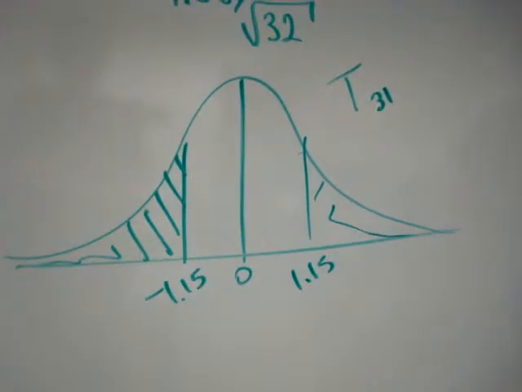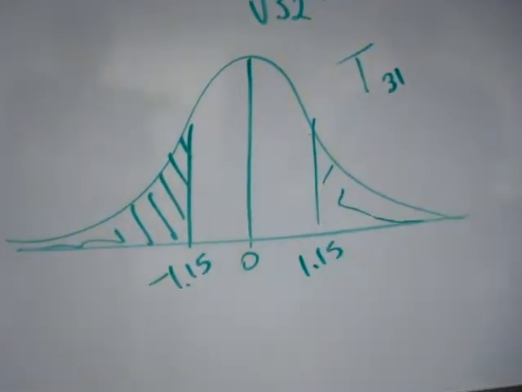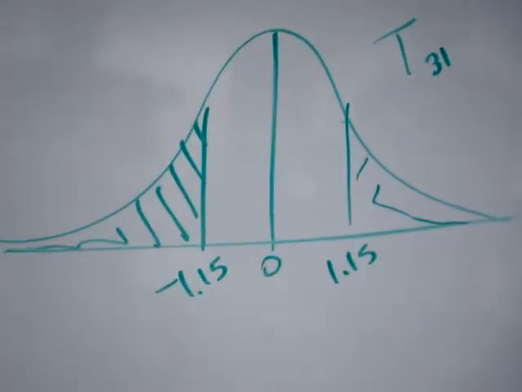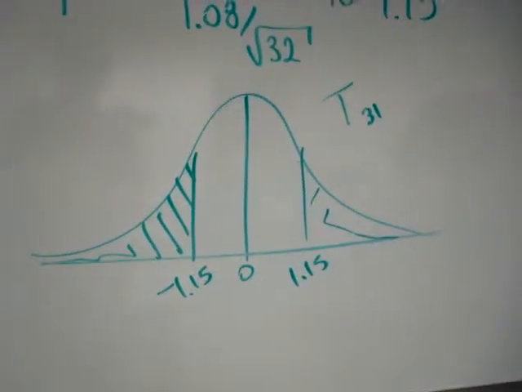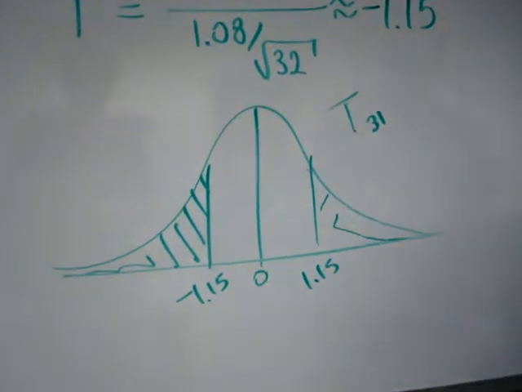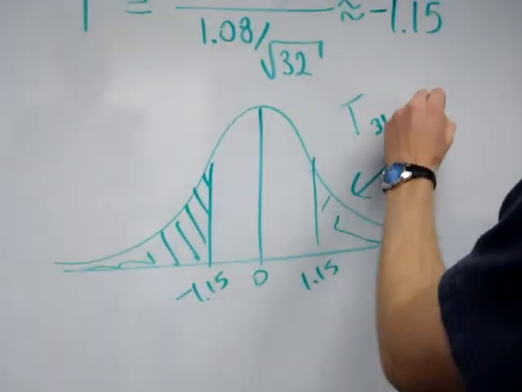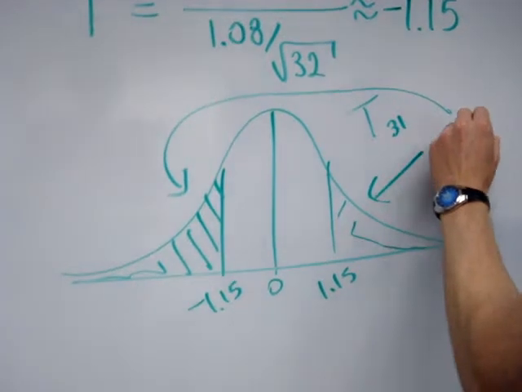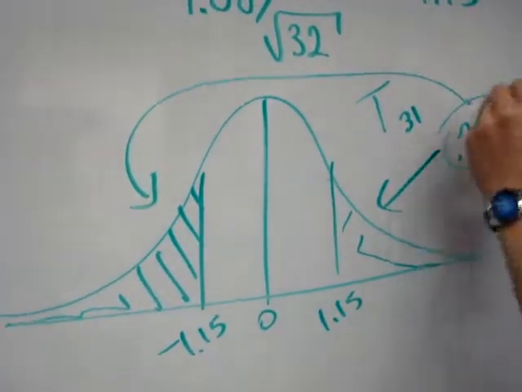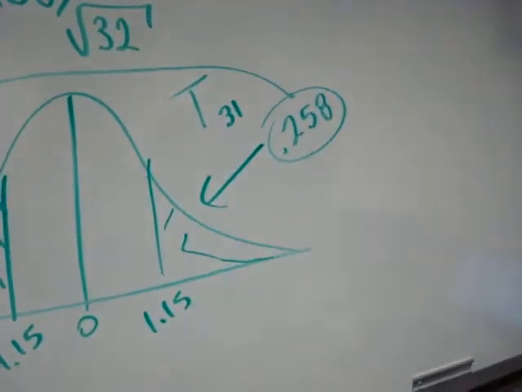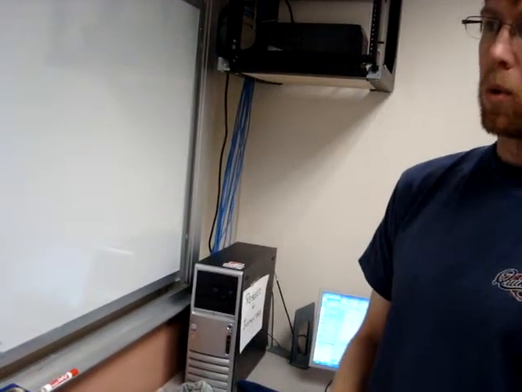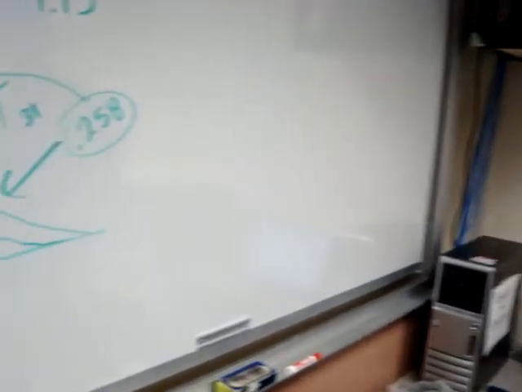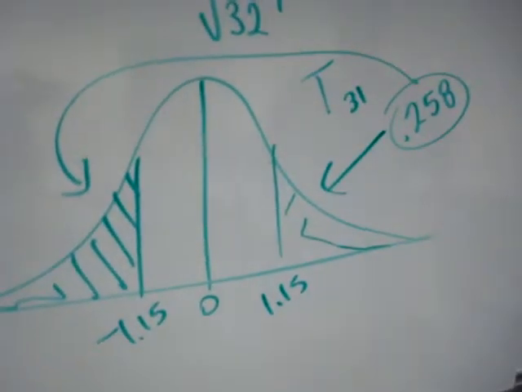And so the p-value we get, the total of those, is 0.25799, so 0.258 or so. And that's the sum of these. And again, I used the calculator to get that, but you could use StatCrunch or DDXL, or there's a number of ways you could get that.